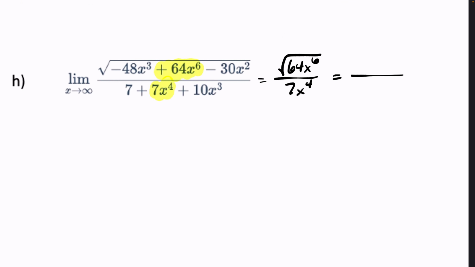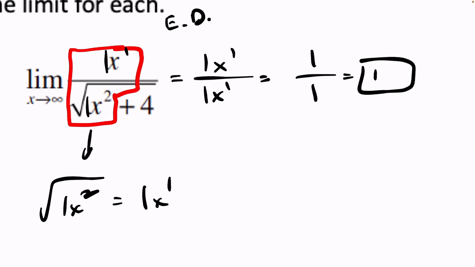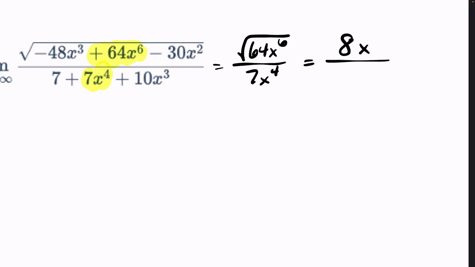All right? So what's the square root of 64? 8. If I take the square root of x to the 6, what is the power going to be? 3. So what do you always do? What did we do to the power? Halved it. That's what you do. You halve it.